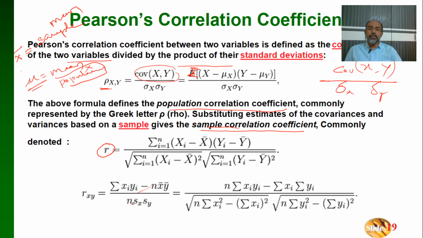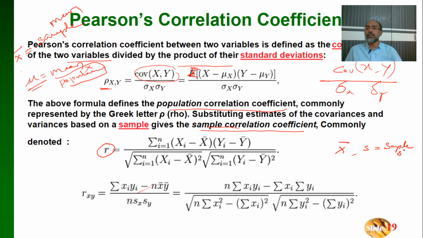Once again it can be written as sigma xy minus n x bar y bar, divided by n into standard deviation of x, standard deviation of y. Here we have to understand what we call x bar and standard deviation: the smaller symbols are sample statistics.